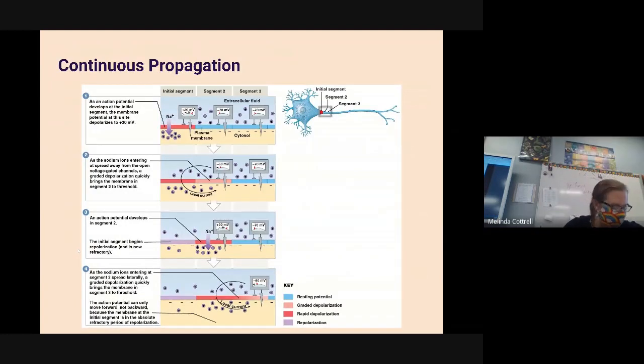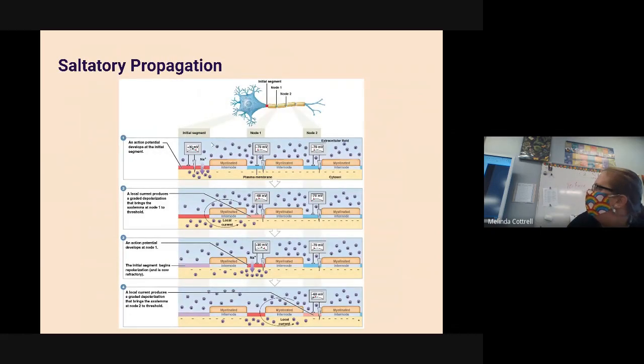There are pictures on pages 422 and 423 of continuous and saltatory propagation. It's just trying to demonstrate how continuous goes along the same line, whereas saltatory, you have a myelin sheath, so it has to jump. And so it's faster.